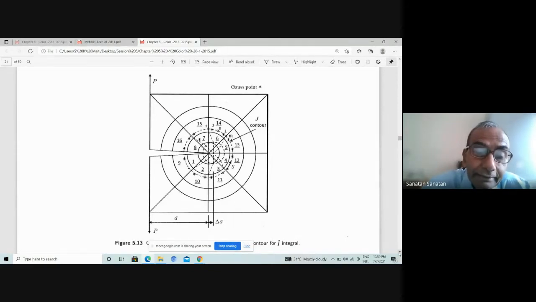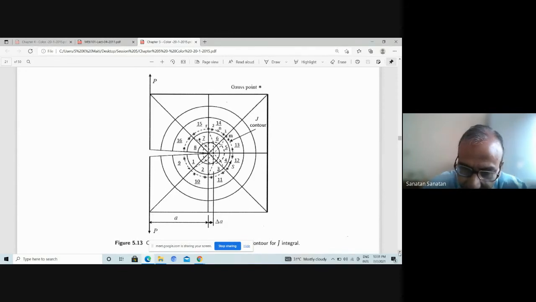It spreads from the bottom point on the crack face to the corresponding point on the top crack face by this closed contour. So my J contour is given by this dotted line, and I have to integrate W dy minus the integral of Ti delta ui by delta x ds.